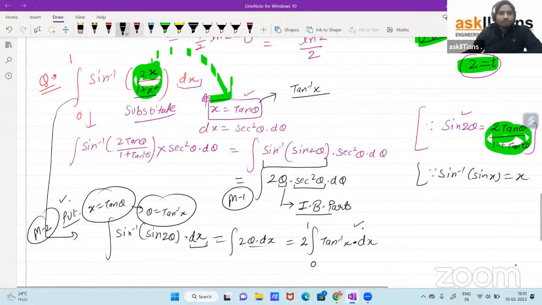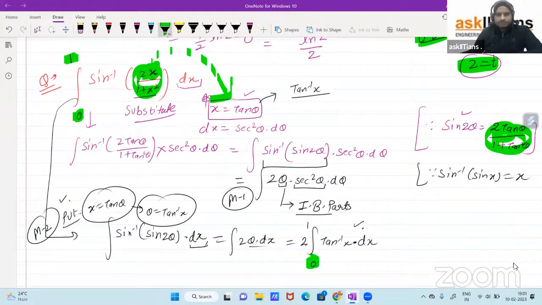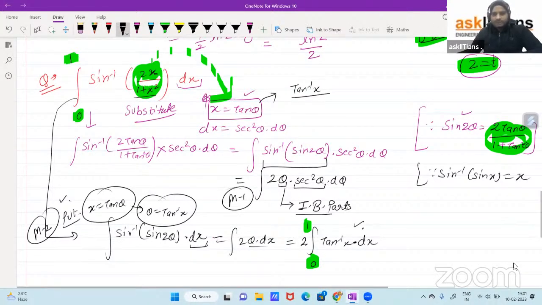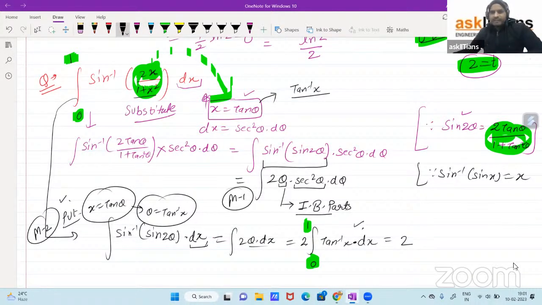Same limits, 0 and 1. Clear? So this will be equal to 2 times the integration of tan inverse x, and again you have to use IPP, integration by parts, same.